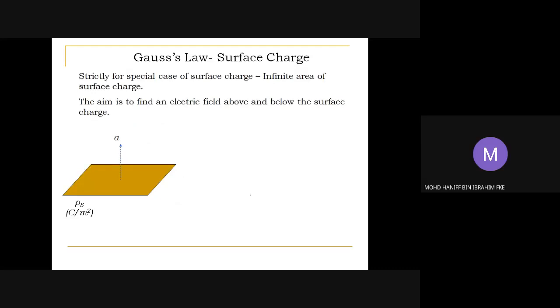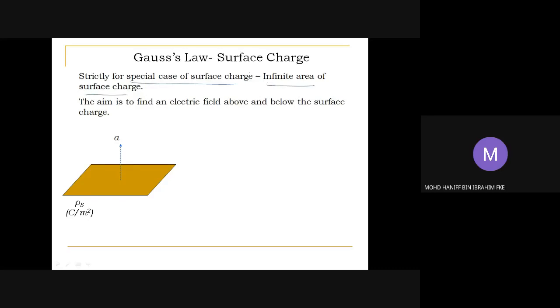All right. This is for the third case, where we have a surface charge structure. I did mention here that the Gauss law can only be applied for the special case of surface charge, which must be an infinite area of surface charge.